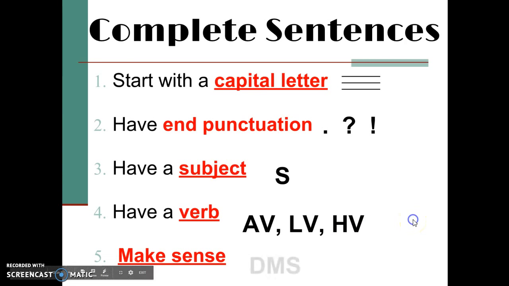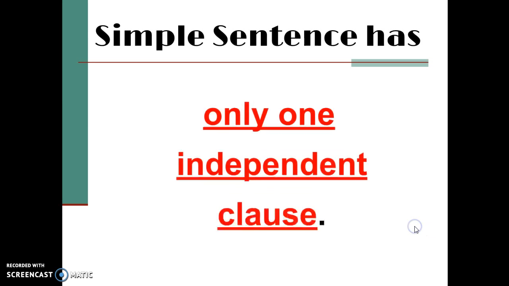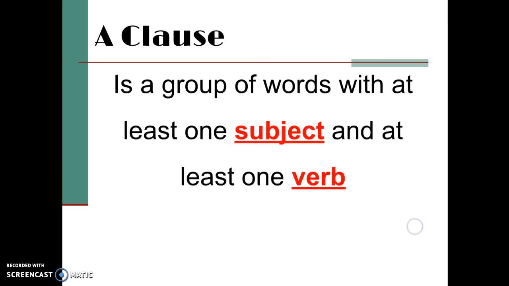And if your sentence doesn't make sense, this is the code that we use to let you know: DMS, doesn't make sense. So a simple sentence, what does it have to have? One independent clause. Well, to know what an independent clause is, we have to go back and think about, what is a clause? A clause is a group of words with at least one subject and at least one verb.